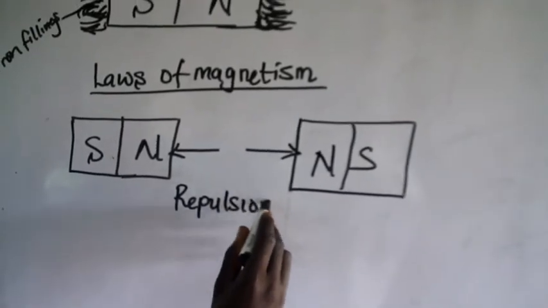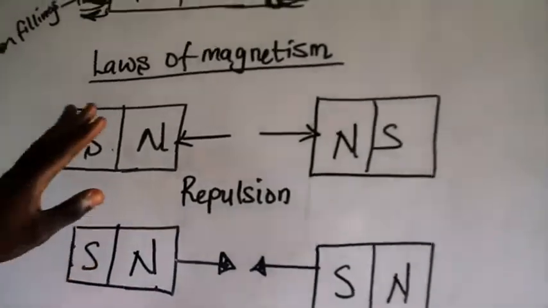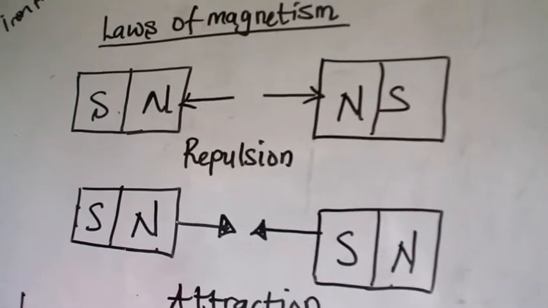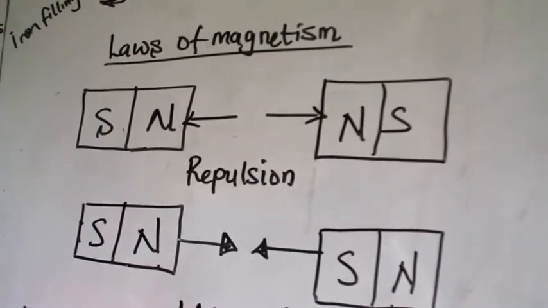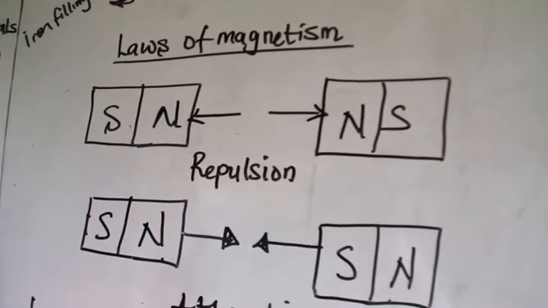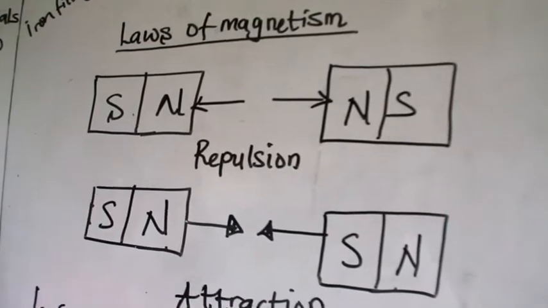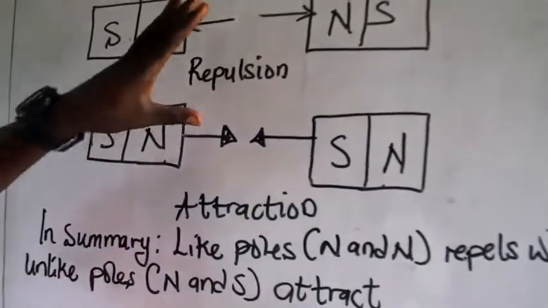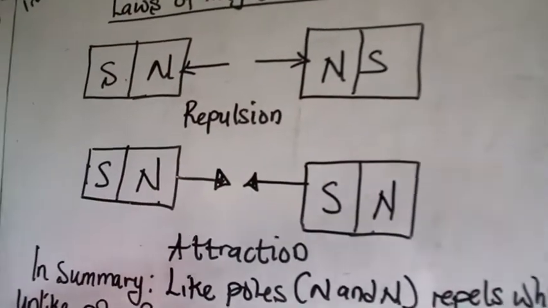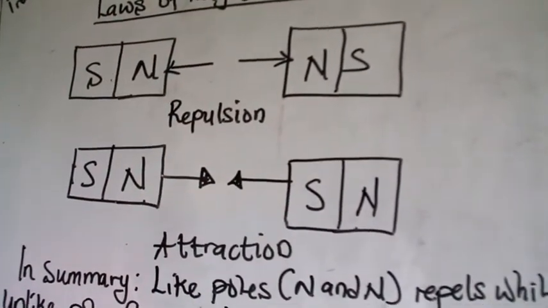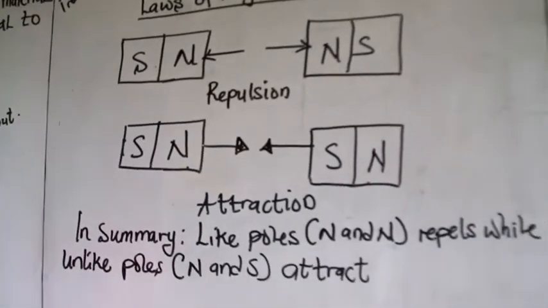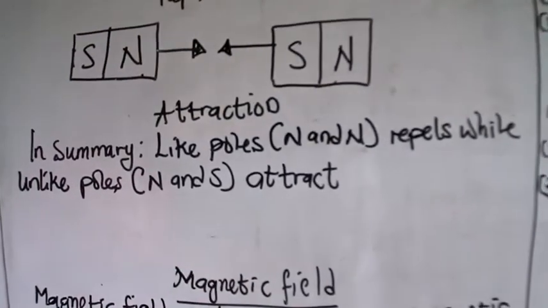Repulsion. Okay, we are looking at laws of magnetism. We are going to see how a magnet can push and how a magnet can pull. I'm going to explain it here, then we are going to do the illustration. You see yourself that a magnet is a force which can push and which can also pull.